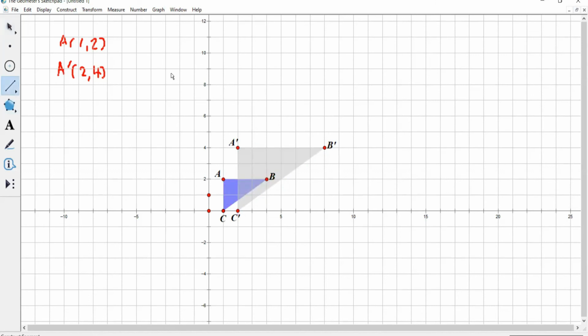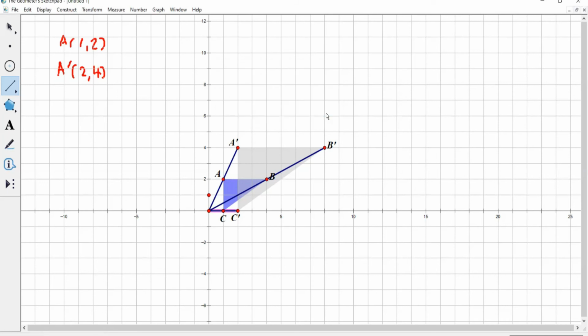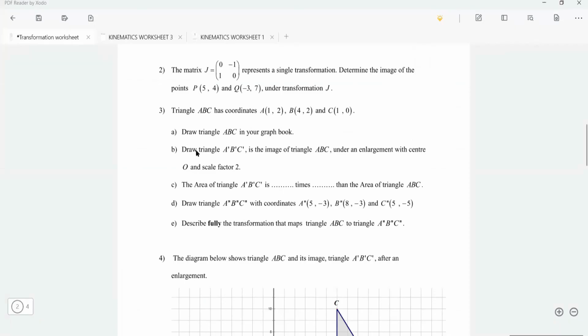Also, verify that the center of enlargement is the origin. See there, if we draw a straight line passing through A prime and A, B and B prime, C and C prime, all of them meet up back at the origin. So we know that the center of the enlargement is indeed (0, 0).